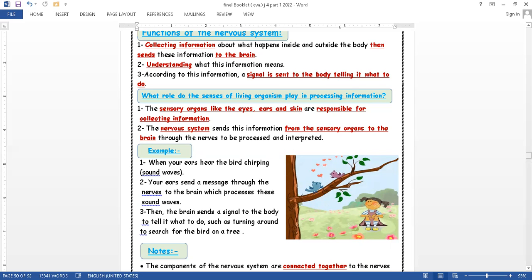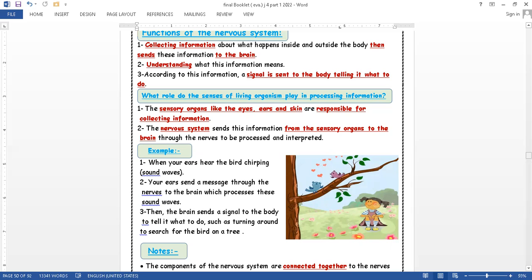Now we have another example. In the example of the pizza, it was depending on our nose, the smell sense. But now we will depend on our ears, the hearing sense.